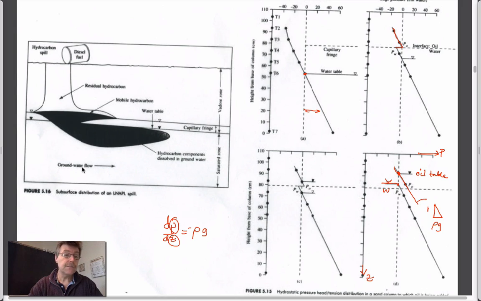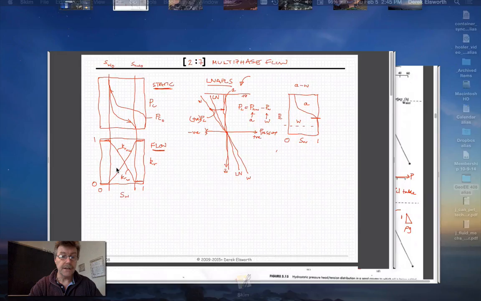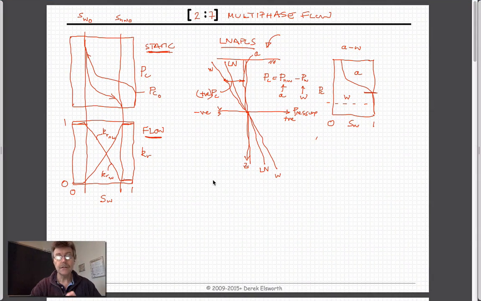And so in other words, if we go back to this, which was my plan, this is what the water table looks like and exists here.